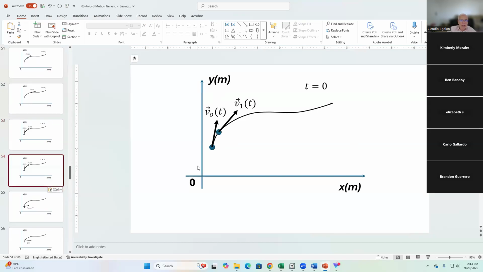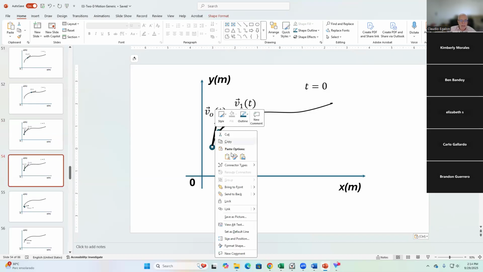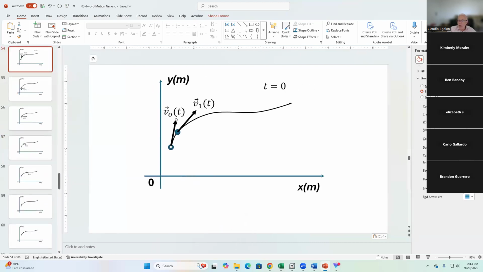And it's going to be V final minus V initial, okay? So because we're talking about minus V initial, we have to change the direction of the V initial. Okay, and here you go.